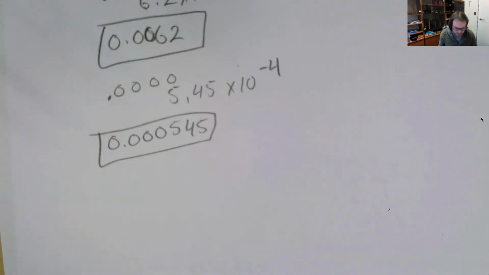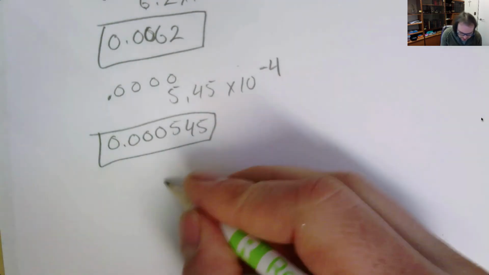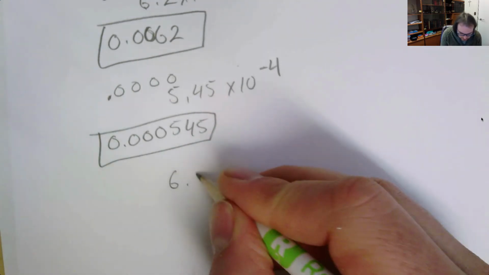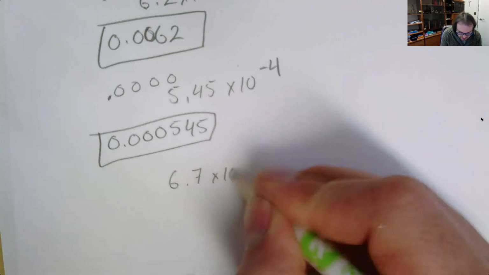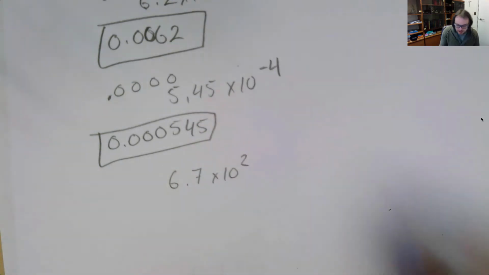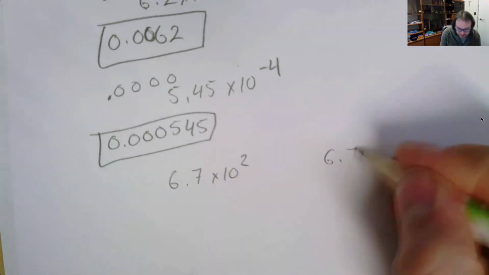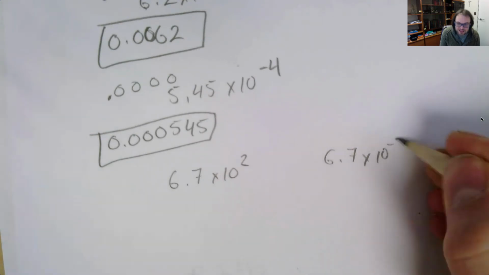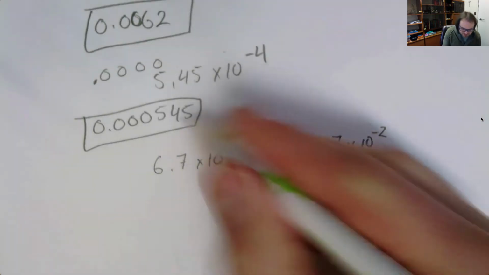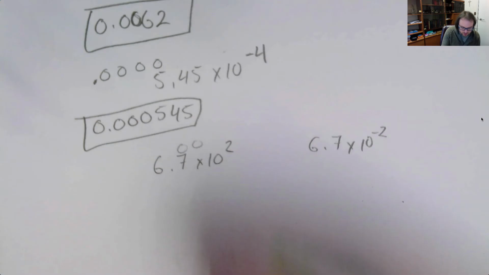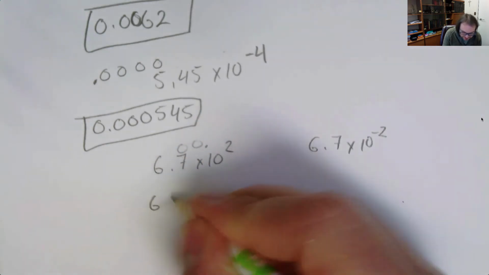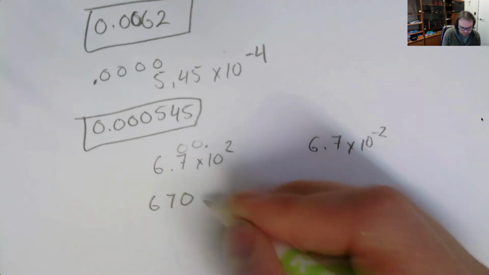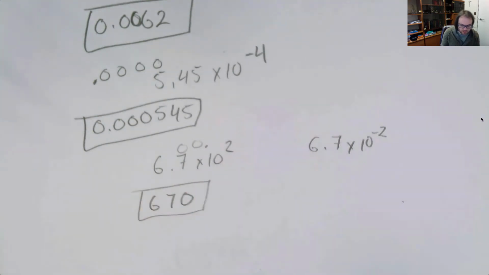All right, let's look at another one. Let's compare. Let's say I have 6.7 times 10 to the 2, and we're going to look at 6.7 times 10 to the negative 2. Well, times 10 to the 2, it's 1, 2 zeros. There's my decimal. So I get 670, because it's like multiplying by 100.